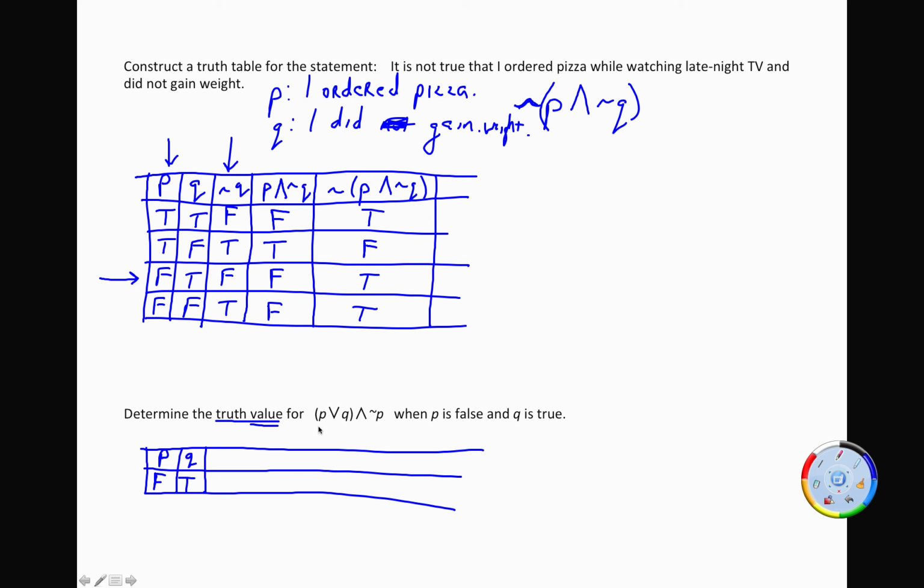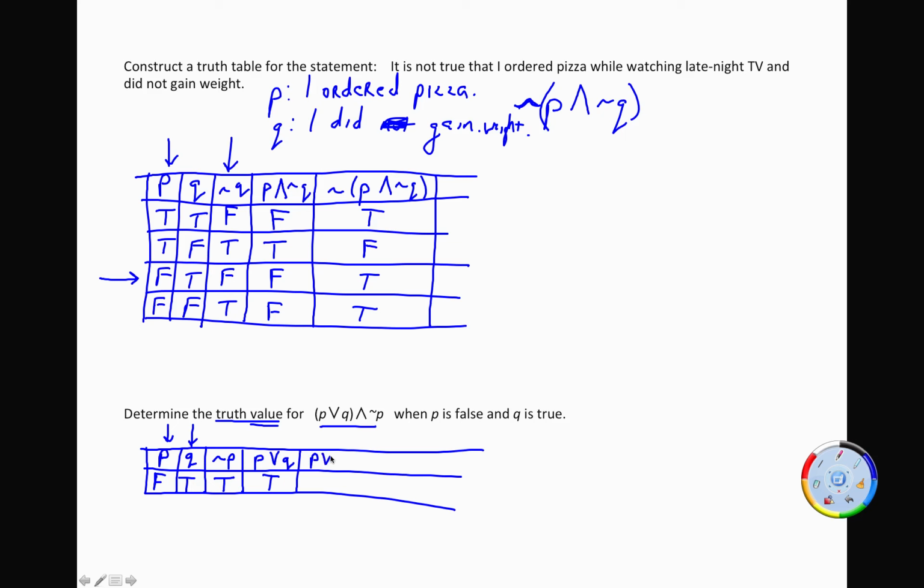All right, except I'm going to do it for this symbolic statement. So first of all, I'm going to do not P. The opposite of P, since in this case P is false, is true. Then I'm going to do P or Q inside the parentheses. I'm going to look at the P and Q column based on what it means to be or. As long as one of them's true, the whole thing's true.